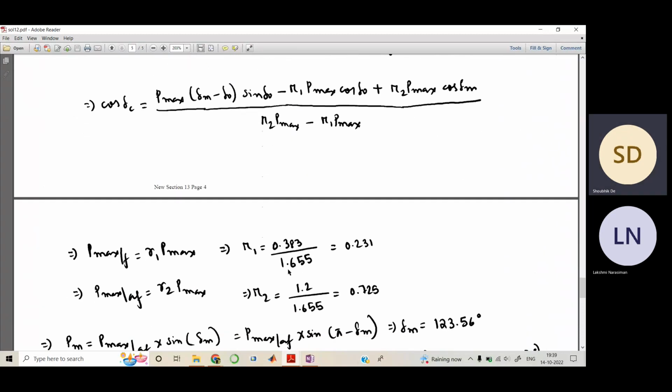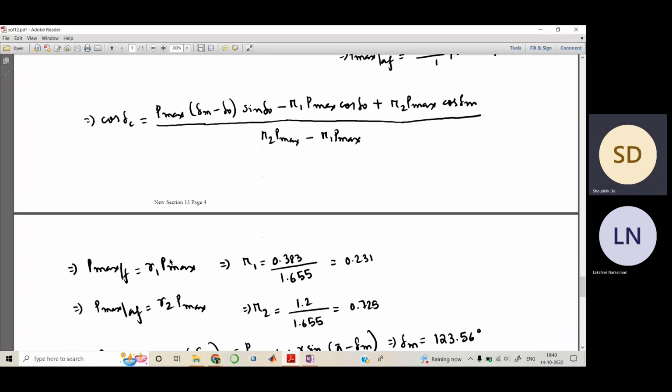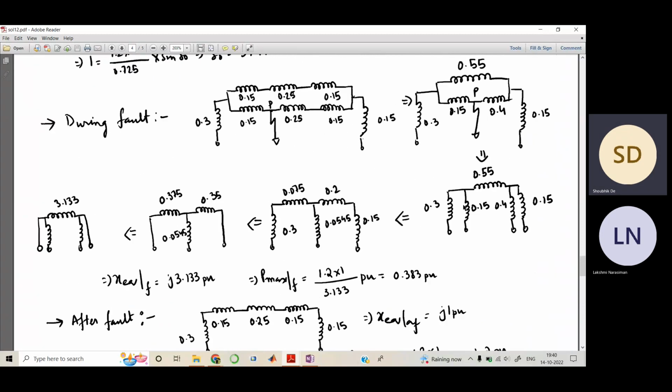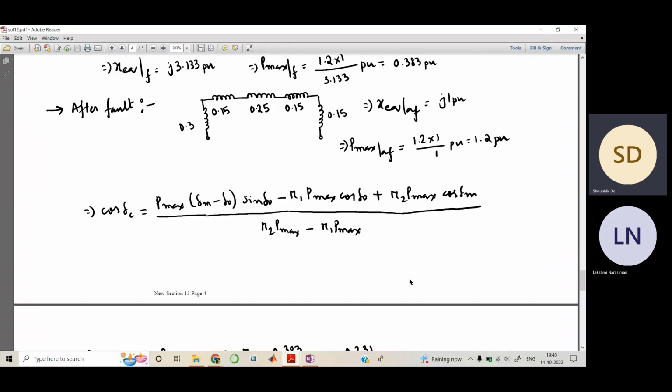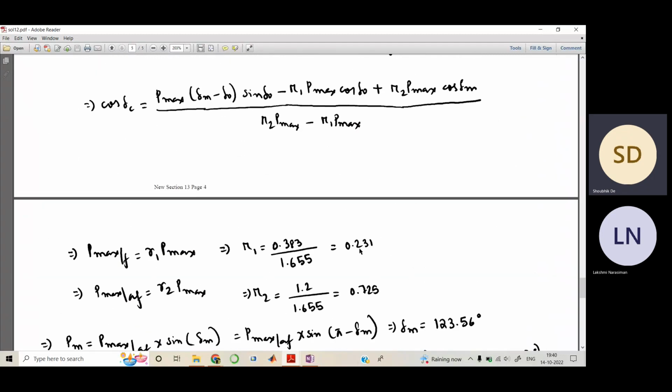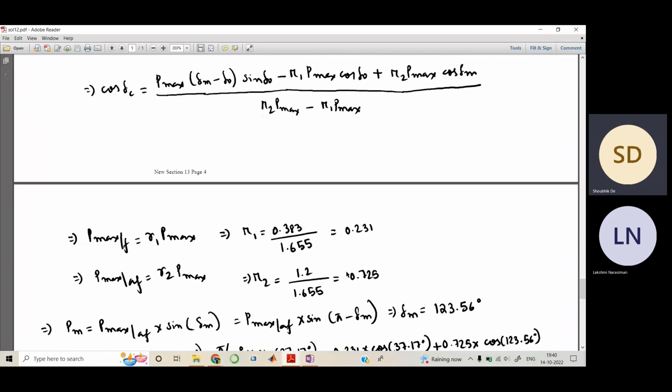So Pmax during fault is R1 into Pmax, where Pmax is the value before fault, when the line was operating normally. Pmax during fault came out to be 0.383, and therefore R1 becomes 0.231. And this is Pmax after fault, which we calculated as 1.2, so R2 becomes 0.725 per unit.